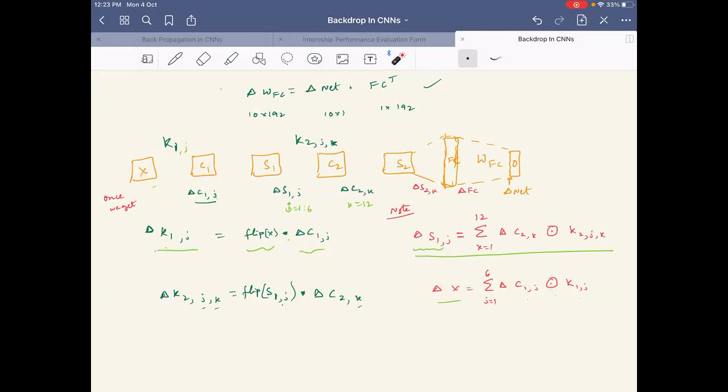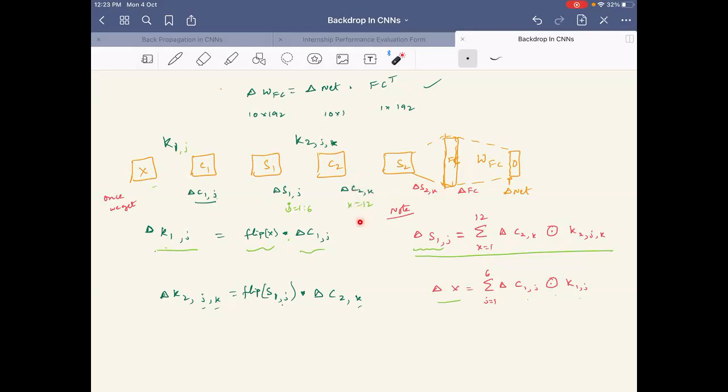Similarly, in the forward pass in the second convolution layer, the 6 maps are all multiplied with the kernels, of size 5 cross 5 cross 6, to give a single map K. And like that, you have 12 maps here. Now, in the backward pass, the errors are delta C2K at 12 maps.